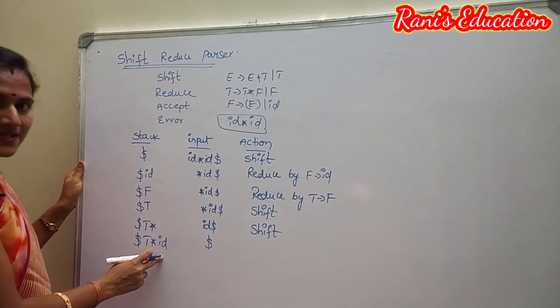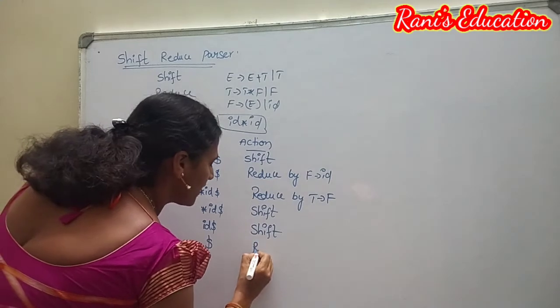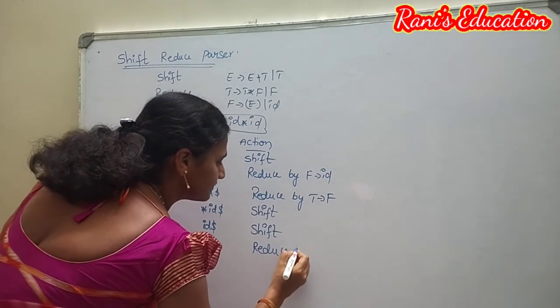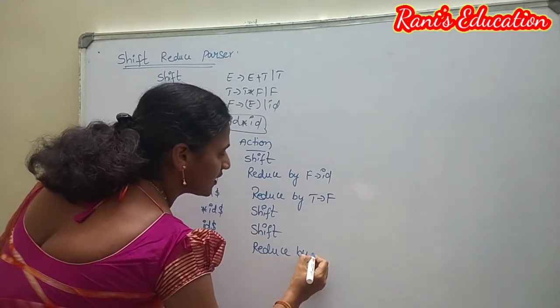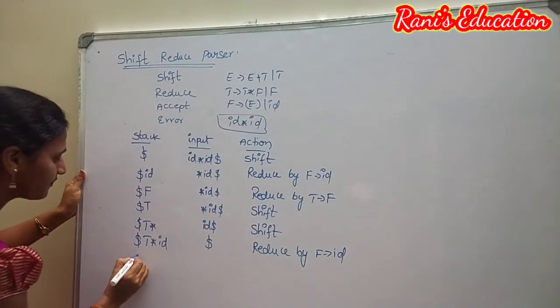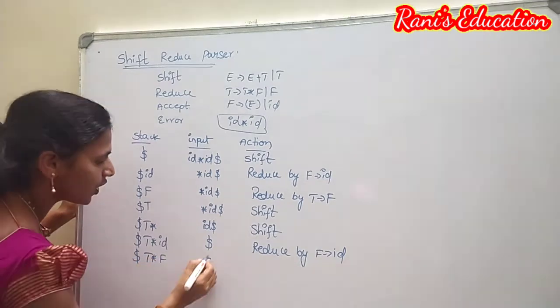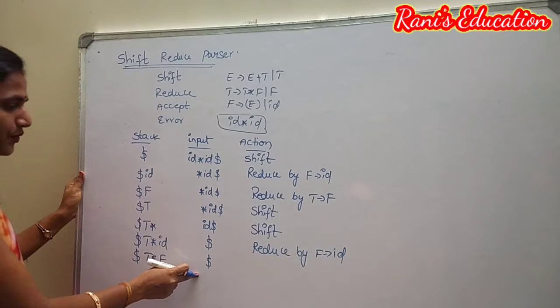Now there is a proper reduction for the id. That is, we reduce this id by F → id. That is $ T asterisk F. The dollar remains the same in the input string.